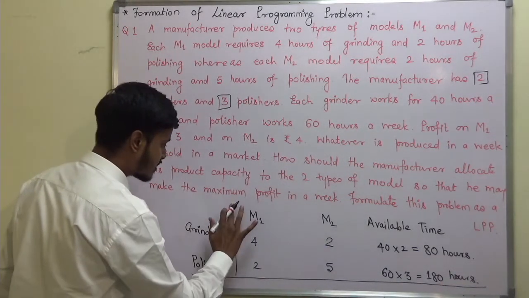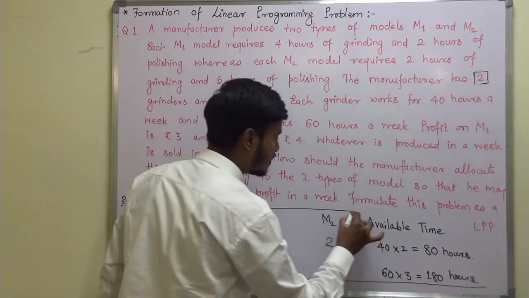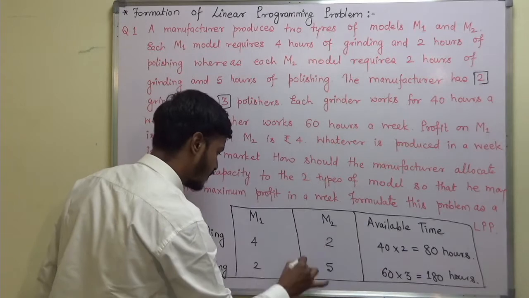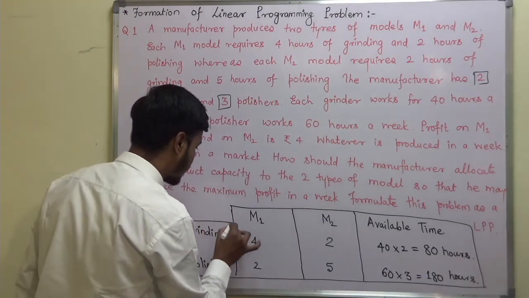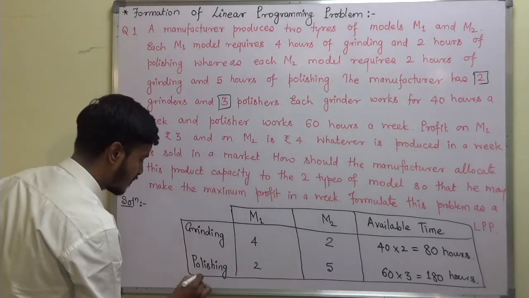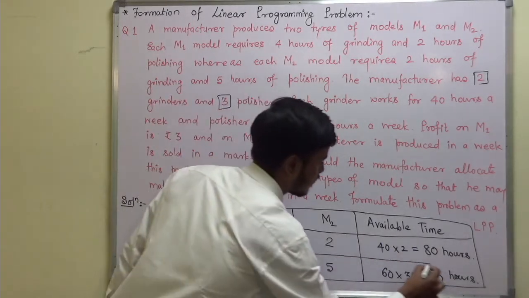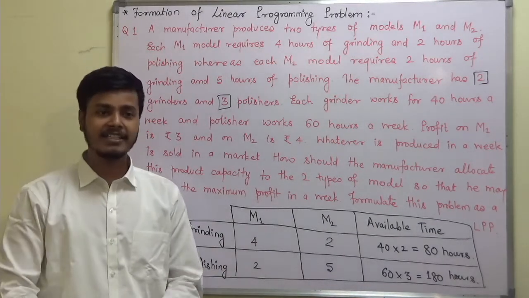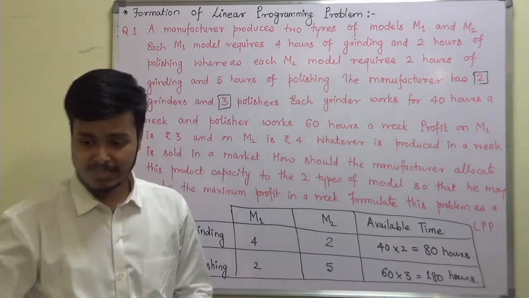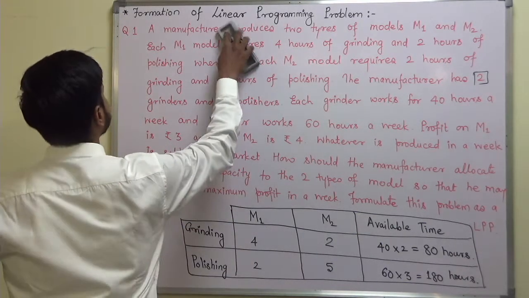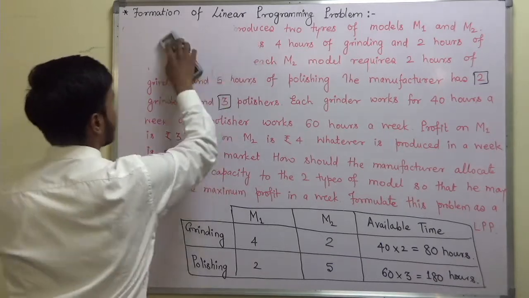You just need to draw this table properly. This becomes the table. Once this table is made, the rest of the thing is very simple, so just continue the solution with this.